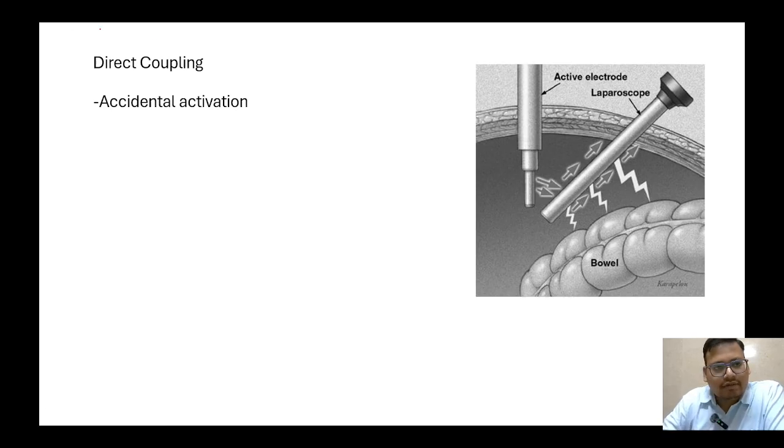Next is direct coupling. What happens in direct coupling? See, this is the active electrode, and this is the tip. Sometimes we are doing surgery here, but this is the laparoscope camera probe.